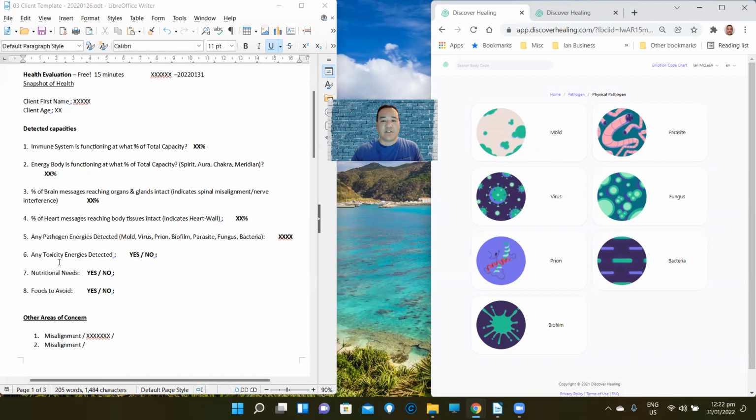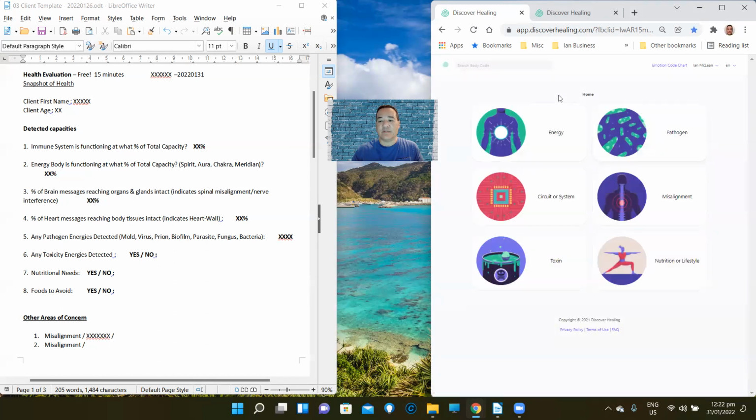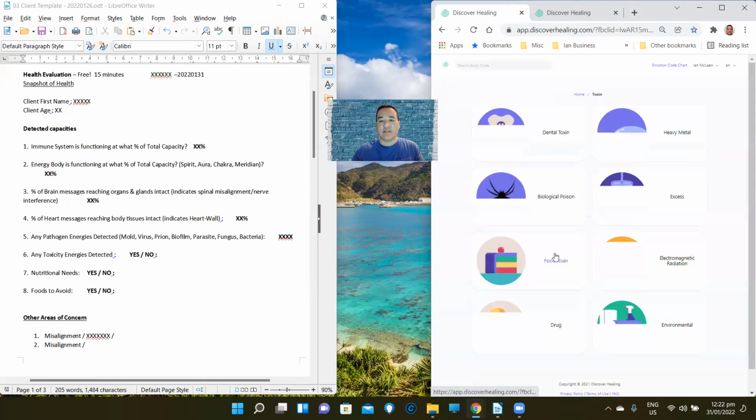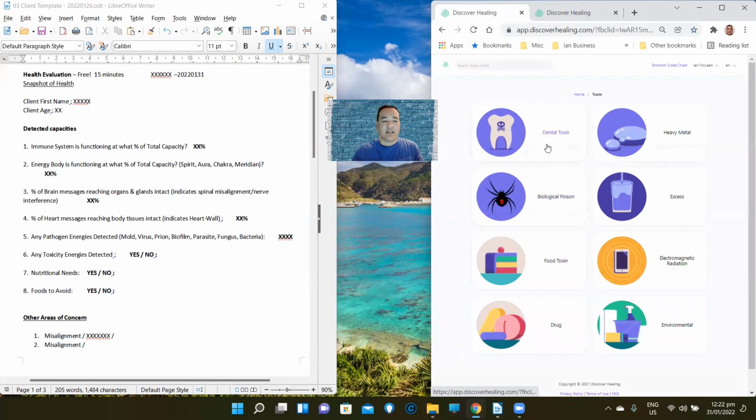The next one is toxicity. That's here, toxins. I'll check, is there an issue with toxins, yes or no? If it's yes, I'll check what category it's coming from: dental, biological, food toxins, drug.